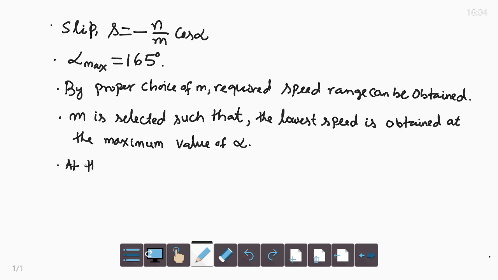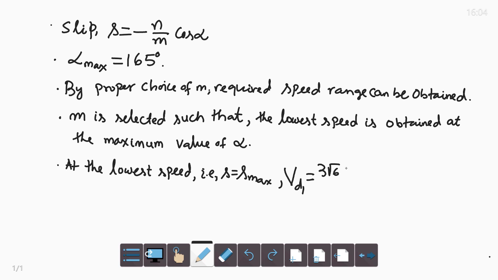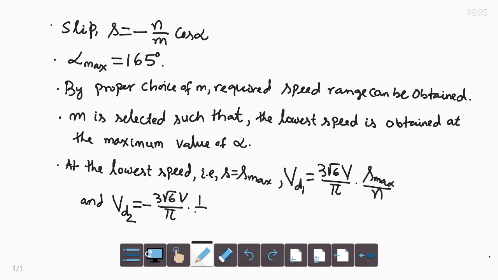At the lowest speed, that is when S equals S max, slip is the maximum value, VD1 is 3 into root 6 V by pi into S max by n, and VD2 is minus 3 into root 6 V by pi into 1 by m cos alpha maximum.